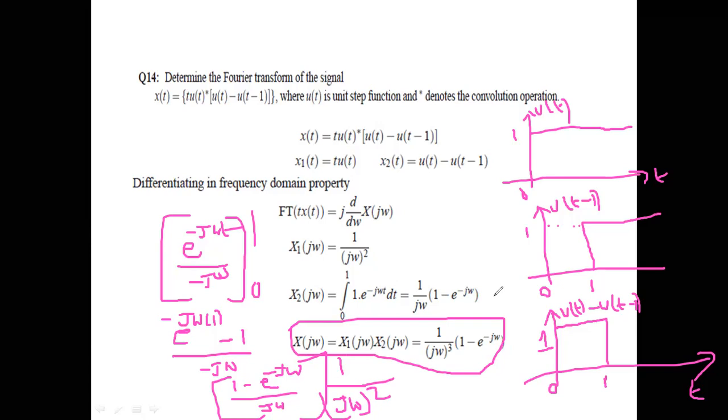The product x of j omega is x1 of j omega times x2 of j omega, which is 1 by j omega whole cube into 1 minus e power minus j omega.